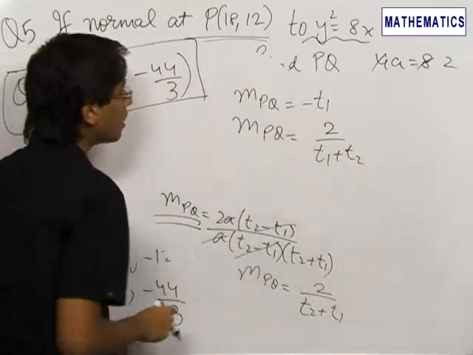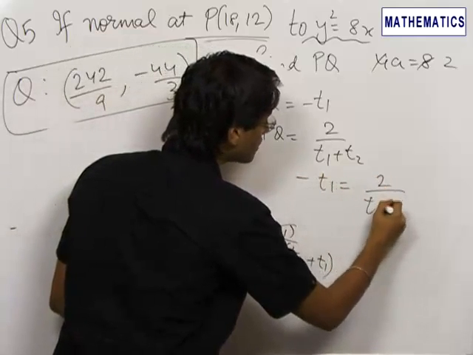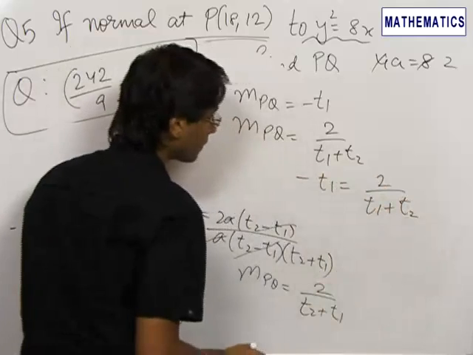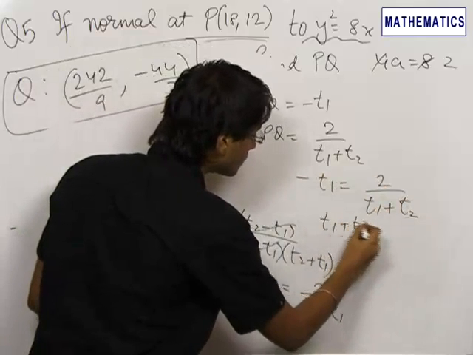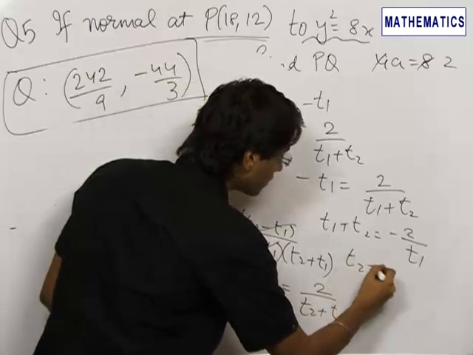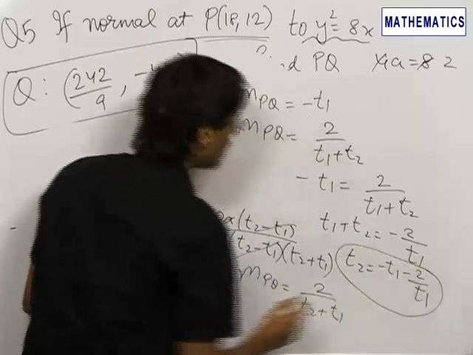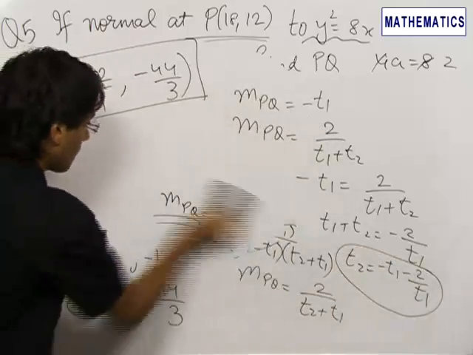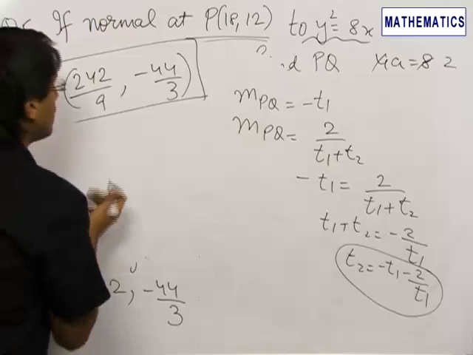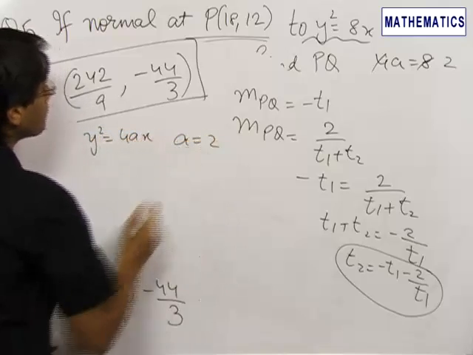Hence we can equate both the slopes to get minus t1 is equal to 2 upon t1 plus t2, since these are the slopes of the same line. So t1 plus t2 becomes minus 2 upon t1. Hence t2 becomes minus t1 minus 2 upon t1. Here we have y square is equal to 4ax, that is a is equal to 2.